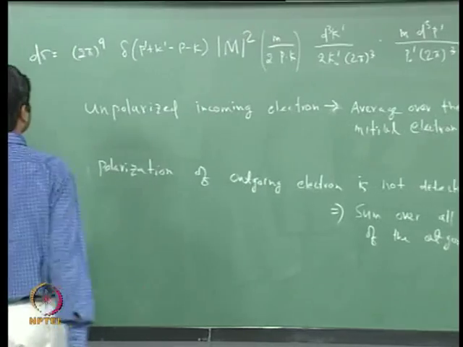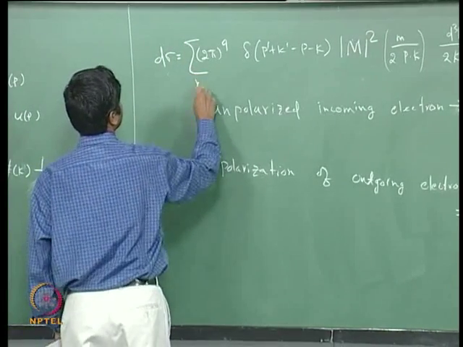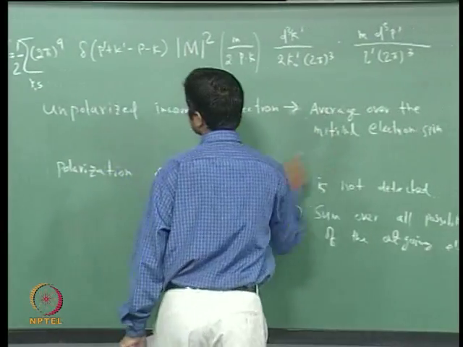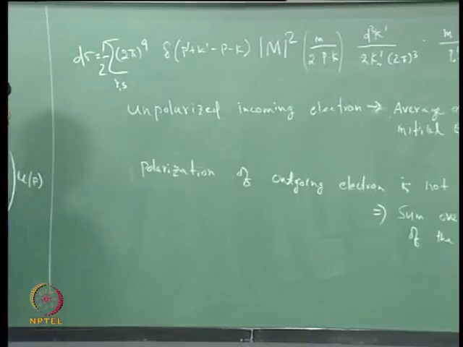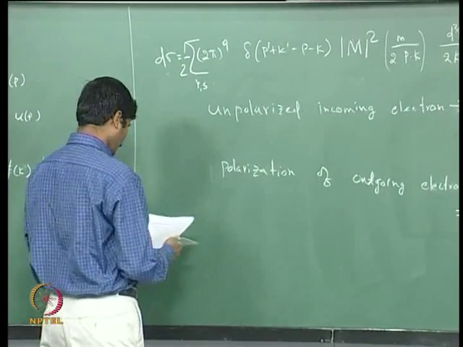So this simply says that you need to sum over all polarizations r and s, and because of this averaging you need to have a factor of half. This is the differential scattering cross section.